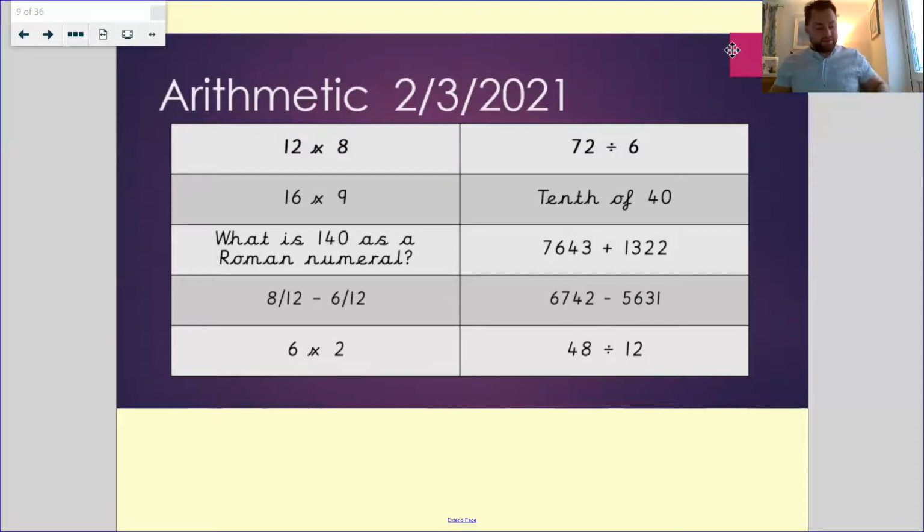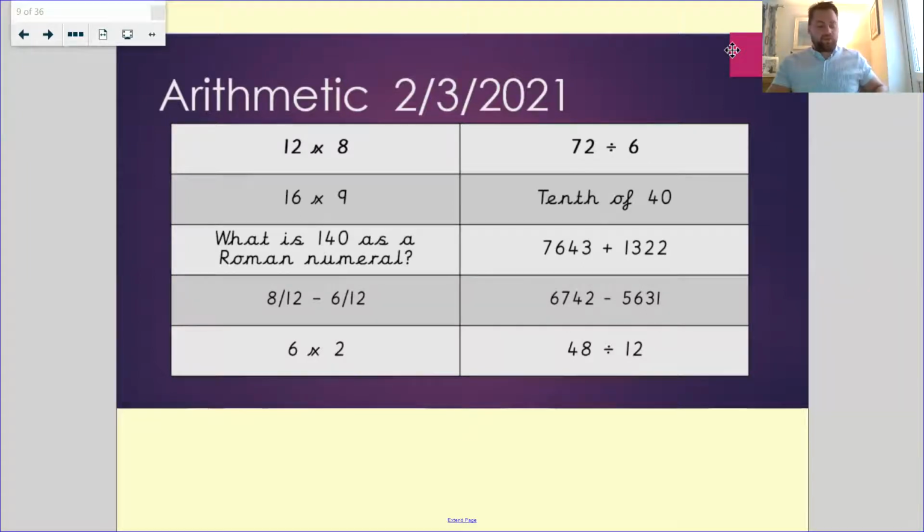And then 6 times 2 is equal to 12. I'm going to write that one down. 72 divided by 6 is also 12. A tenth of 40 is 4. The next one, 7,643 plus 1,322 will give you 8,965.